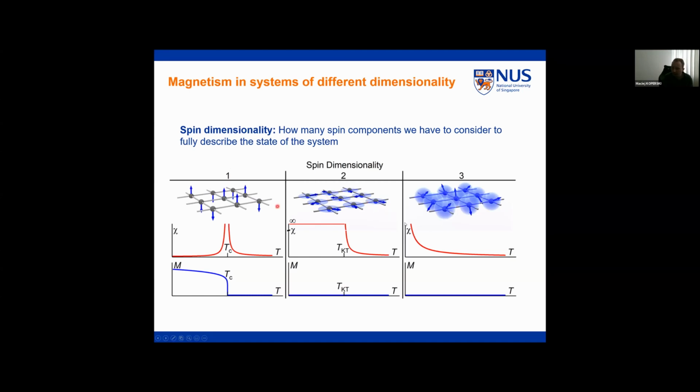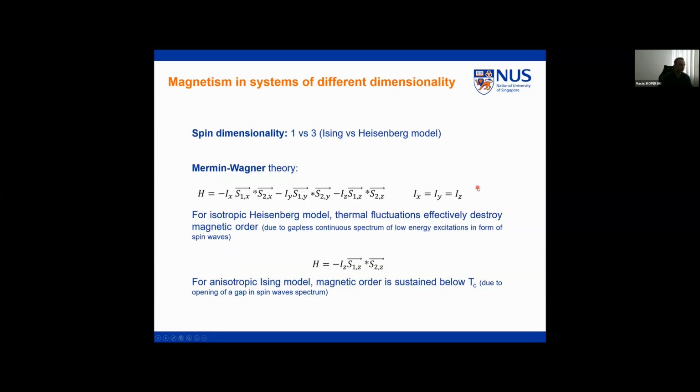When your spins are only aligned in the plane of your material, then your spin dimensionality is equal to 2, and these are so-called planar magnets. And if you allow the spins to be oriented into any direction, then you're talking about the isotropic exchange interaction, and the spin dimensionality is equal to 3.